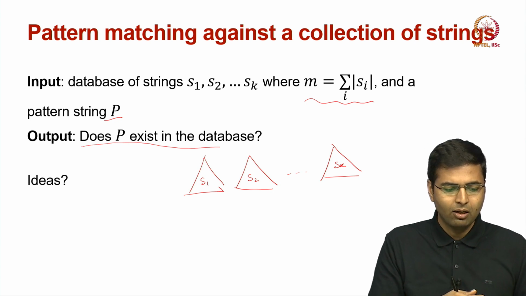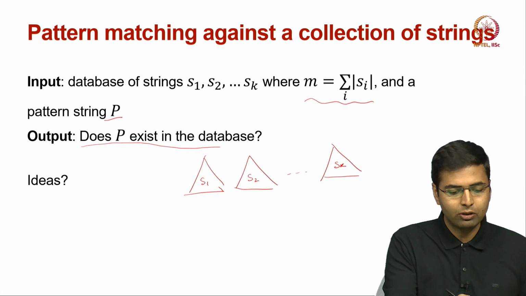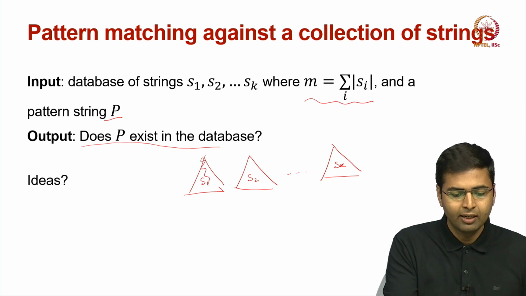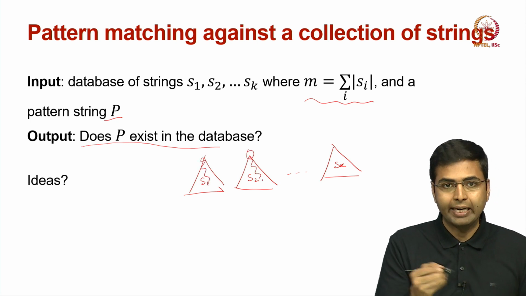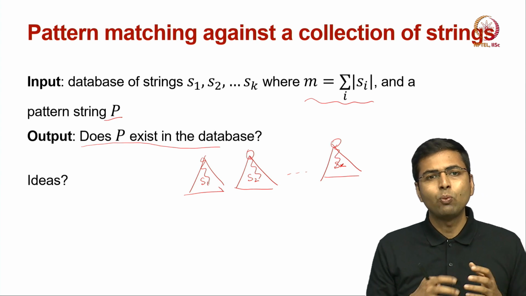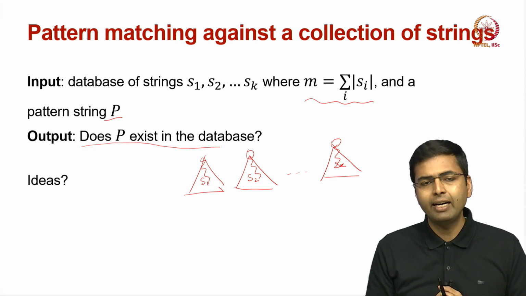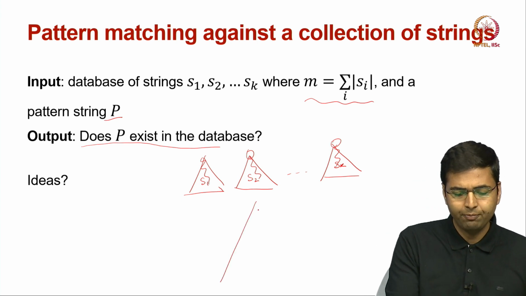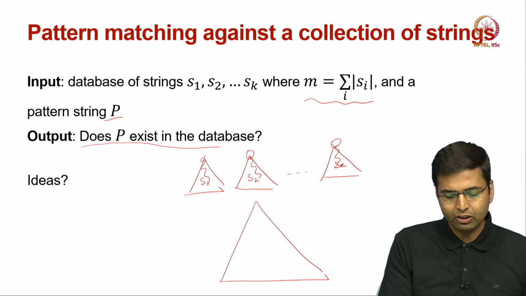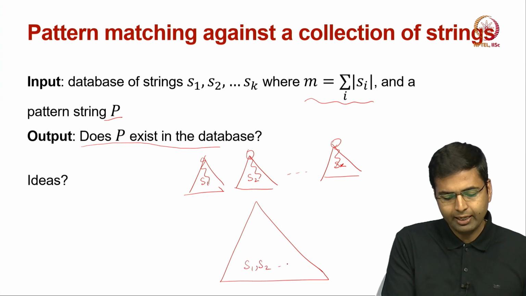But unfortunately I have to do that k times. I will have to search starting from tree 1, then from the root node of the second tree, and then the root node of the other trees. So, this one by one procedure is unfortunately not efficient, because now we have the generalized suffix tree, and here we can build a single generalized suffix tree of all the strings S1, S2 until Sk.